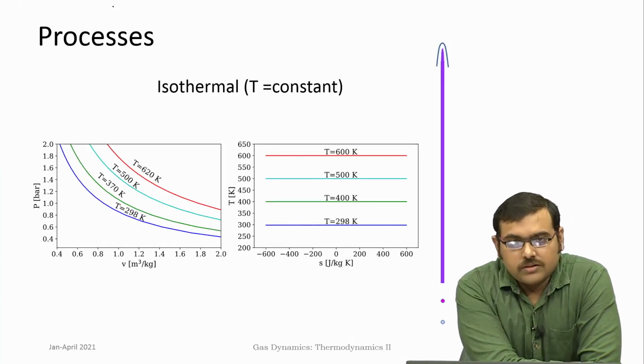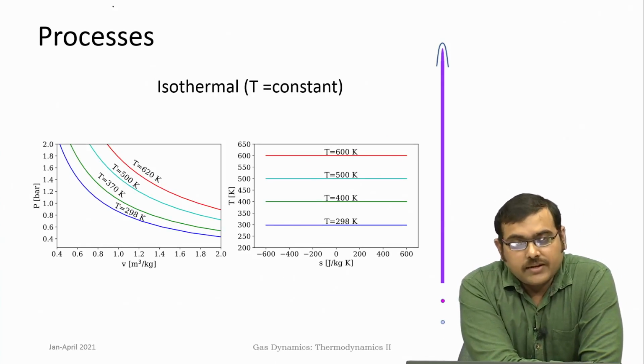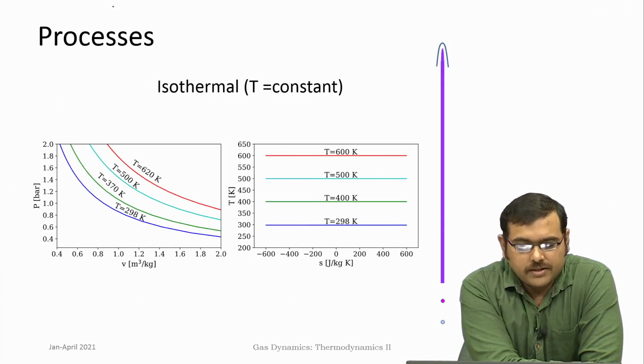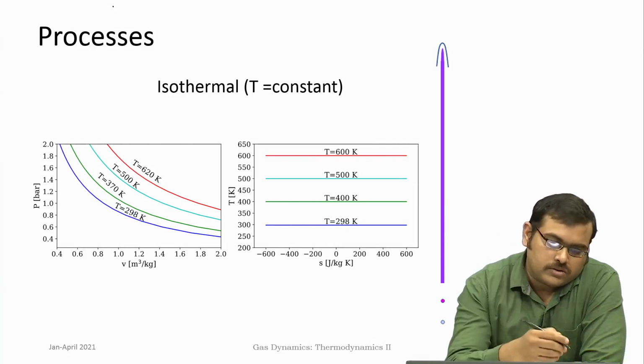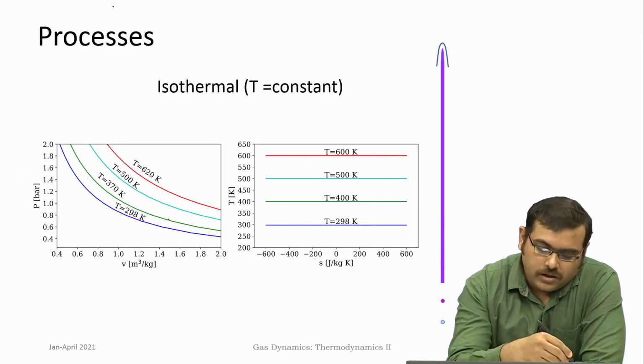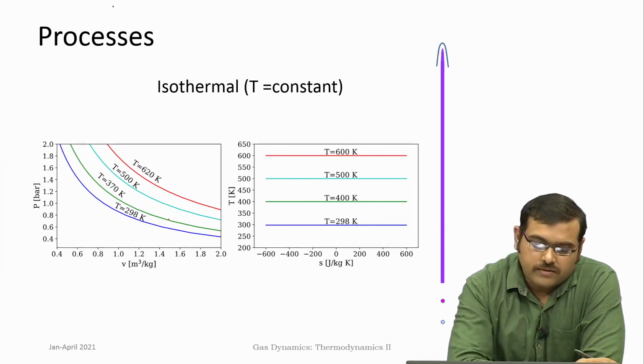Now let us come to the isothermal process, where in an isothermal process the temperature is held constant. So in a PV diagram these are represented, all these charts that are drawn here are for air as a perfect gas.